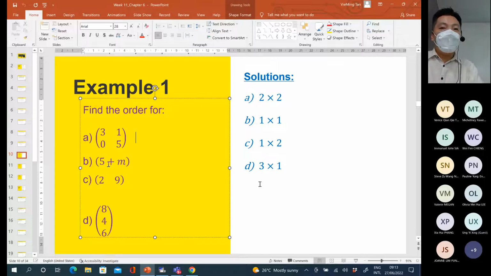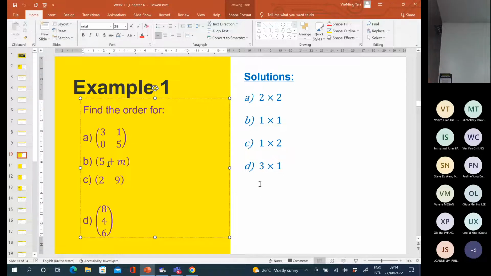Okay, how about this one? The element is 5 plus m. So there is only one element in this matrix B. How many rows? The answer is 1. How many columns?